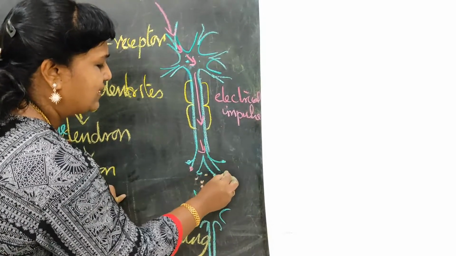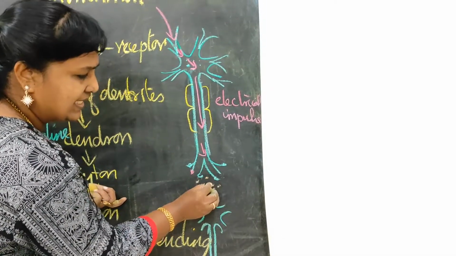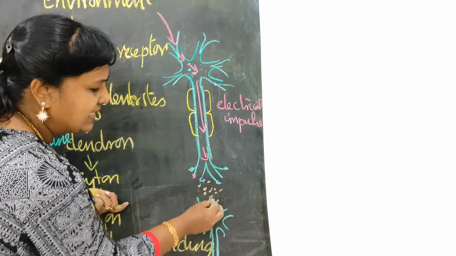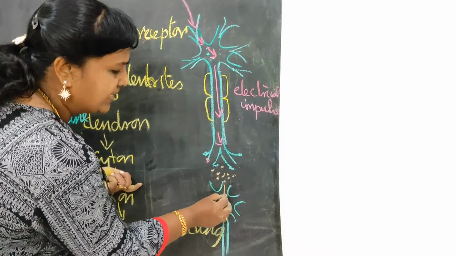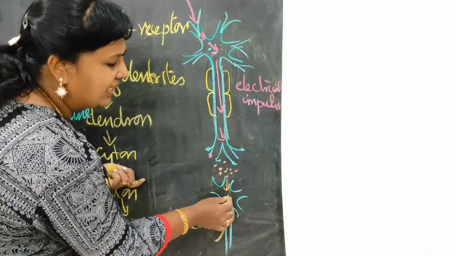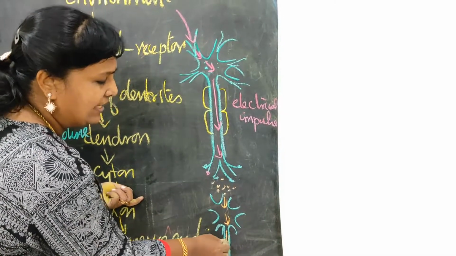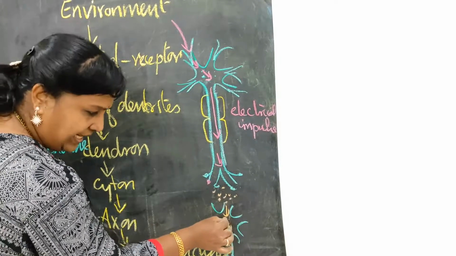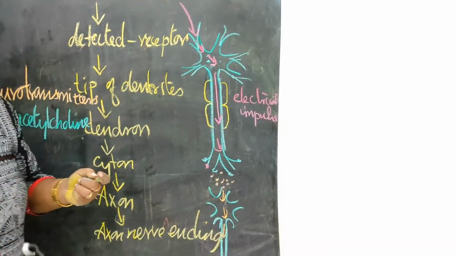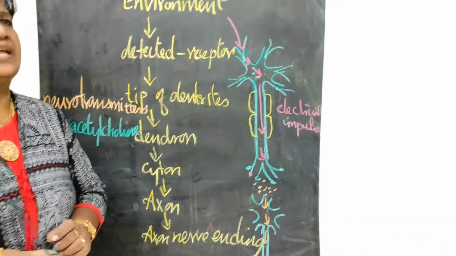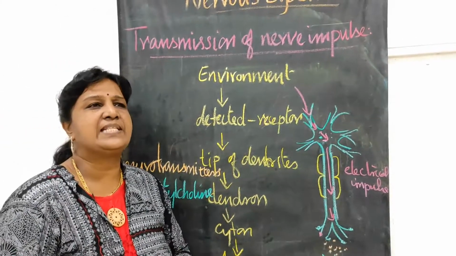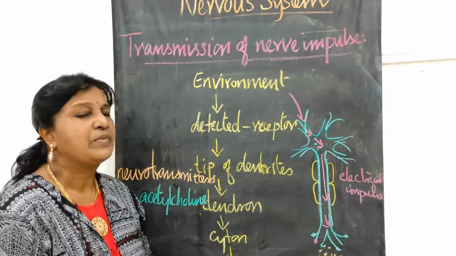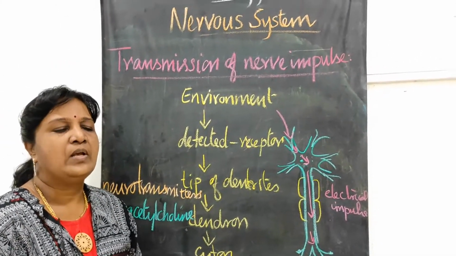The electrical impulse is converted into a chemical signal, and when this chemical signal enters into the next neuron, it will be converted into an electrical impulse. So electrical impulse, then the chemical signal, then again electrical impulse, and finally it reaches the brain. The response from the brain is similarly passed to the effector organ.